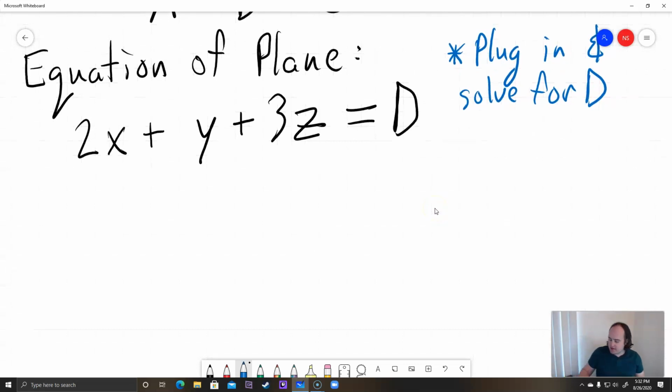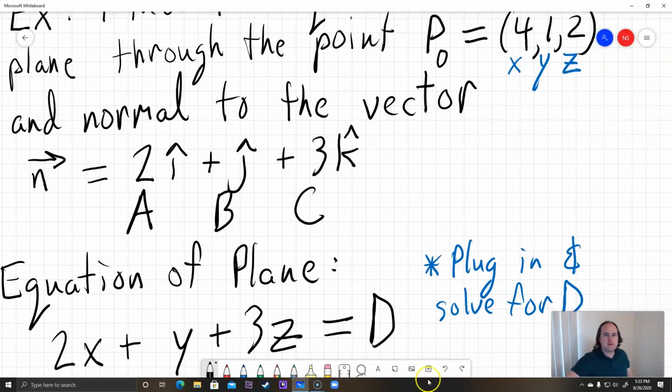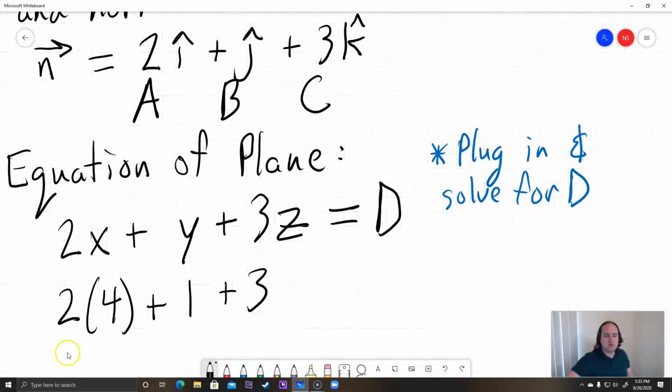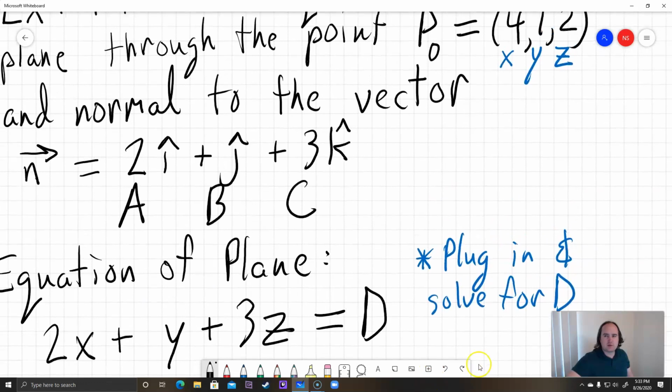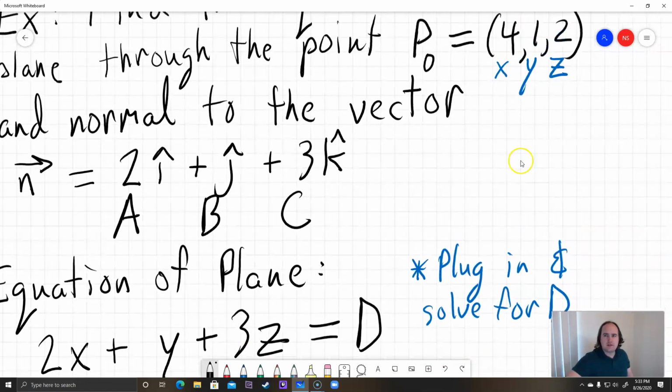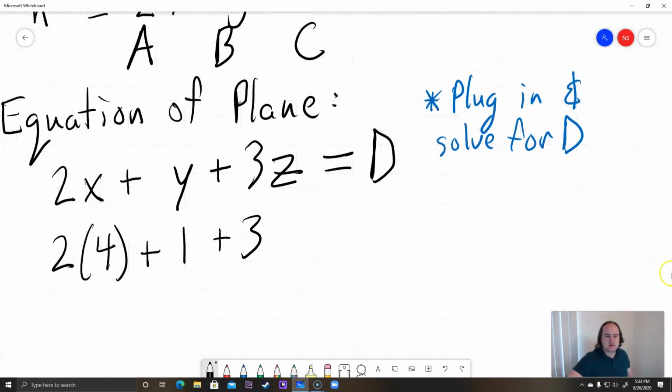So plugging everything in here, we've got 2 times 4 plus 1. So 2x is 2 times 4 plus y is plus 1 plus 3z is going to be plus 3 times 2. And this is all equal to d.